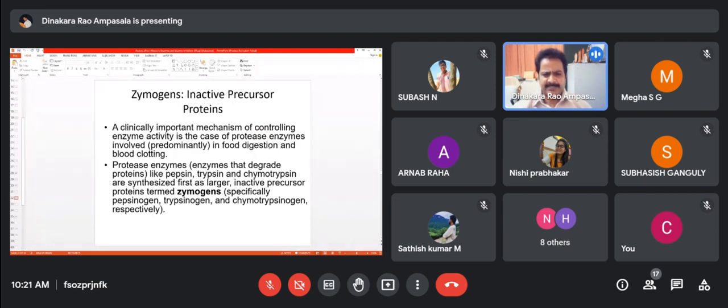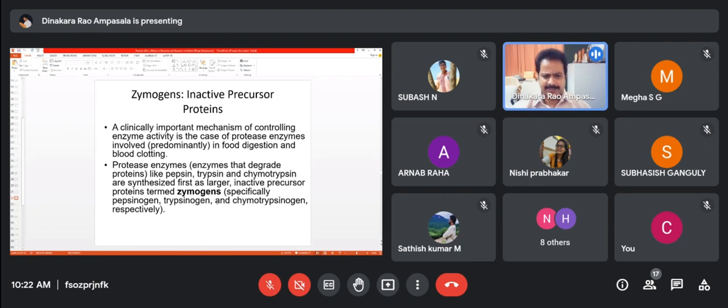And as I already told you, zymogens are basically synthesized in inactive form. Once their role is required inside the cell, other enzymes will interact with these inactive forms and make them active. So the protease enzymes, particularly pepsin, trypsin, and chymotrypsin, are synthesized first as large inactive precursors called zymogens.